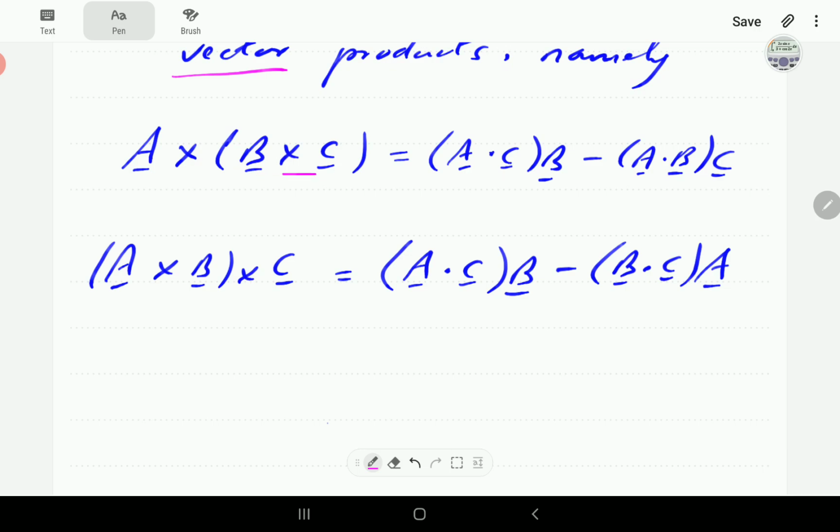If you do B cross C first and then cross that with A, or if you do A cross B and then cross that with C, it gives two different outcomes. This one is given by this formula here, and this one is given by that formula there. Alright, so let's look at some examples.